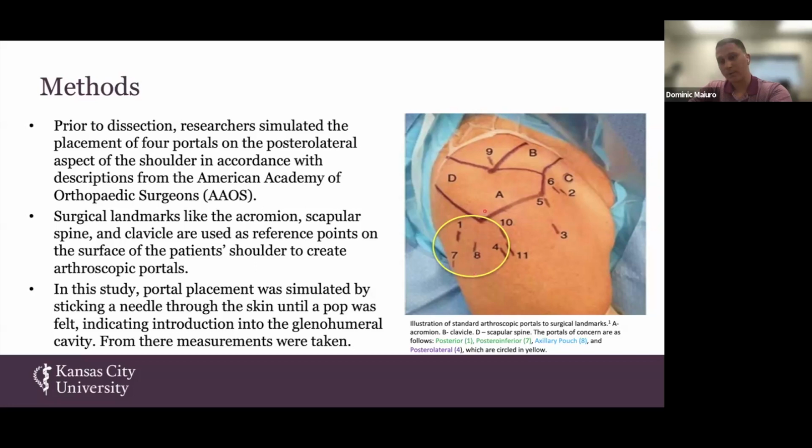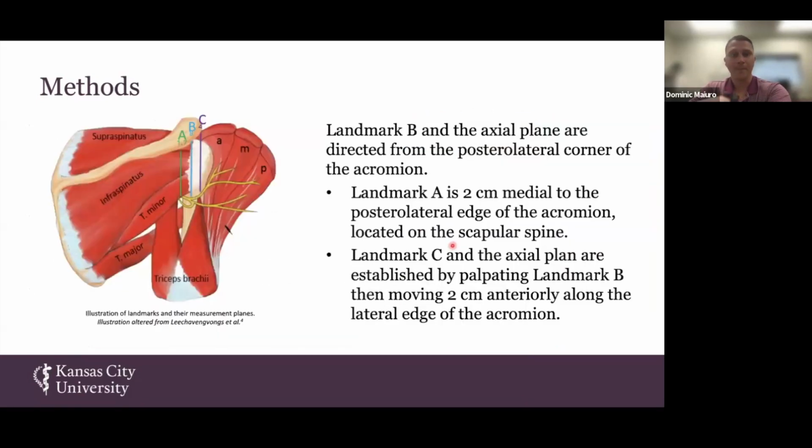And so 8 travels through that, and then it's about 2 centimeters this way and 2 centimeters this way to get to either C, which becomes 4, and A, which becomes 1 and 7. So we see that again here. We find that corner, we move 2 centimeters this way, and then we move down to measure our distance. So A landmark and A plane, 1 and 7 portals are in there.